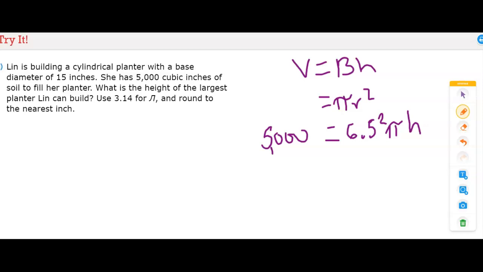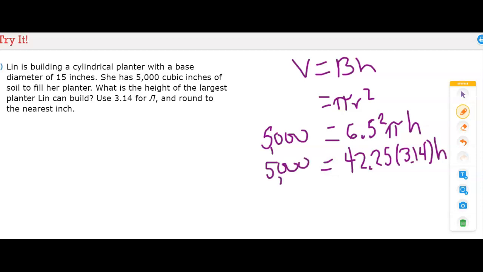is going to equal 42.25 times pi, which is, let's use 3.14, times h. 5,000. Okay.